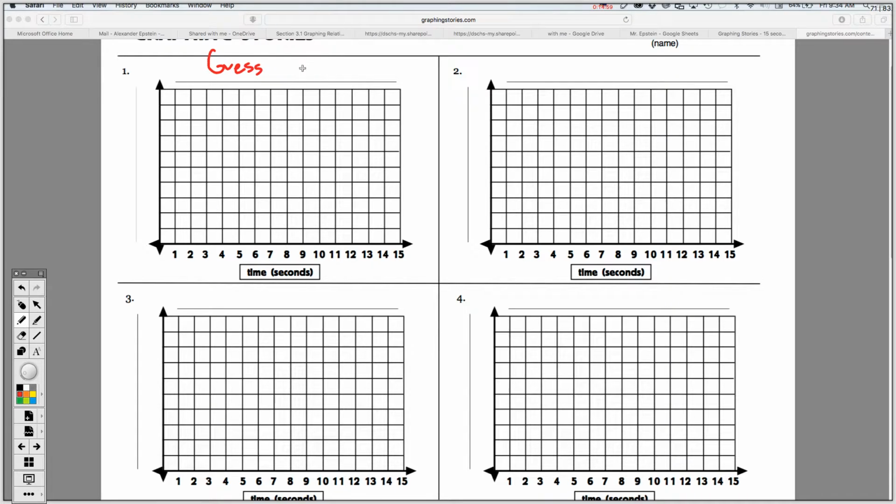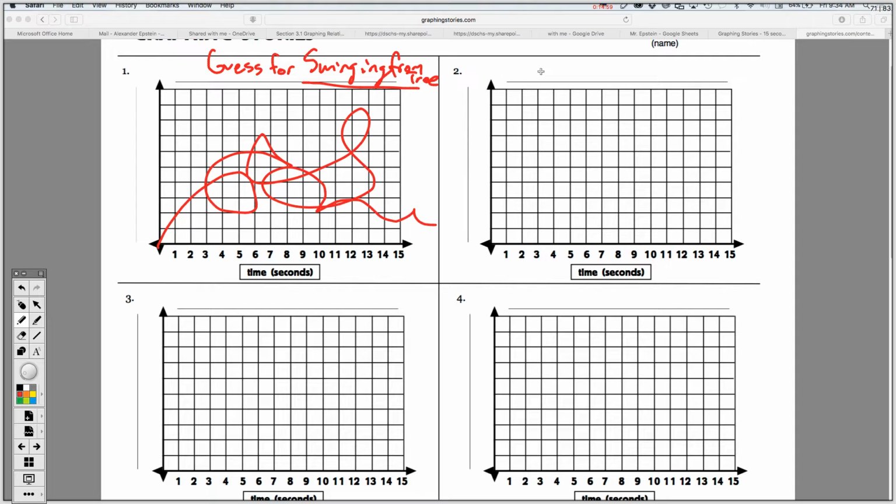So they'll tell you a video title, put the title here, guess for, and then put your video title, okay? So it'll be something like swinging from a tree. So that'll be the first one we're watching. Swinging from tree. Now you're going to guess what your graph will look like. That's not the right answer if you didn't know.